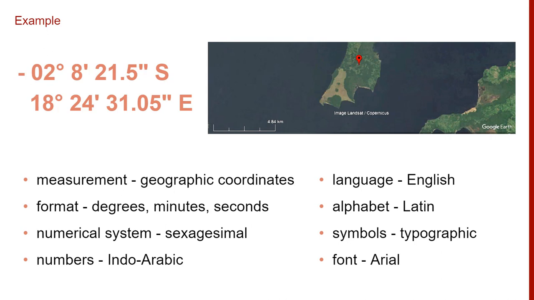Also, we are using a particular numerical system, sexagesimal, and we use certain numbers, Indo-Arabic. We use certain language, in this case English, as we can see in the letters that indicate a hemisphere, with certain alphabet symbols, typographic Latin. We can also determine the font, in this case Arial, and not, for example, Times New Roman, etc. As we can see, many standards are involved in expressing that single geographic coordinate.